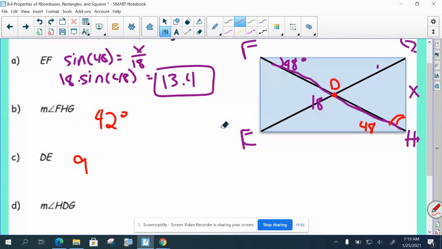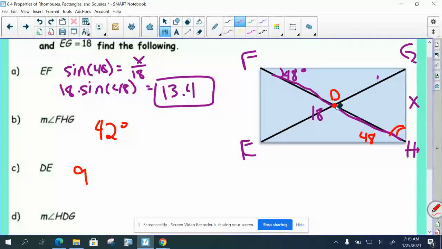And then HDG. How would we find this angle here? Well, let's see. In order to find this angle, we would need to find EH.